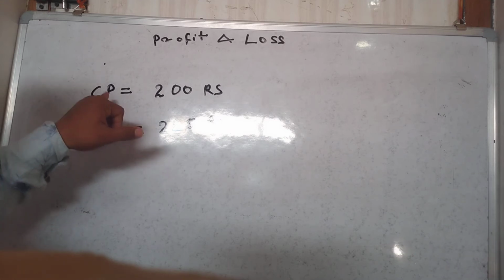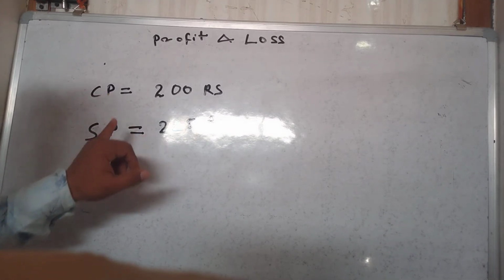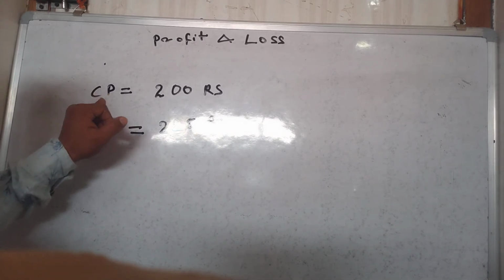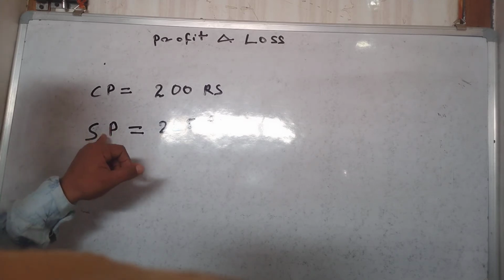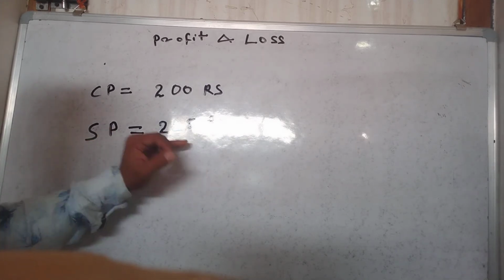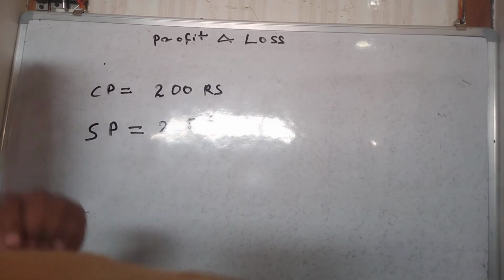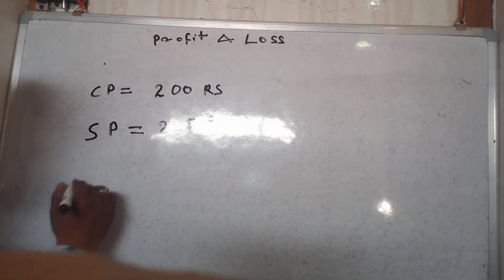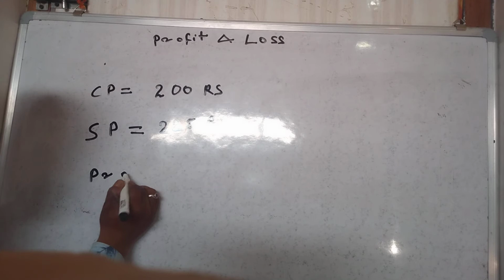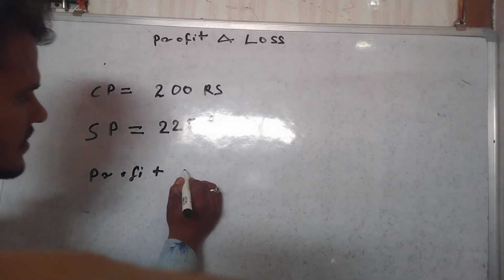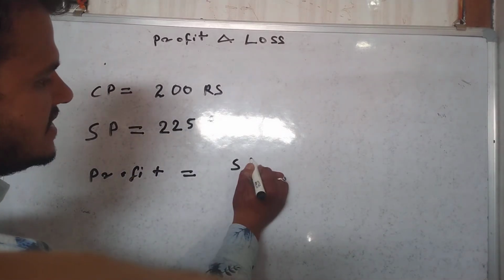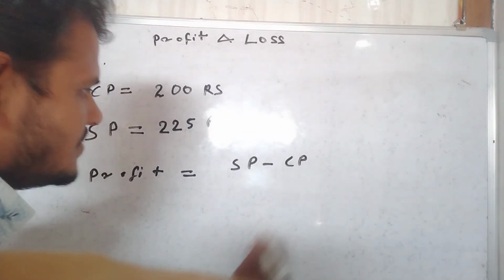See here, CP is less than SP, because SP is 225 and CP is only 200. So profit equals SP minus CP.